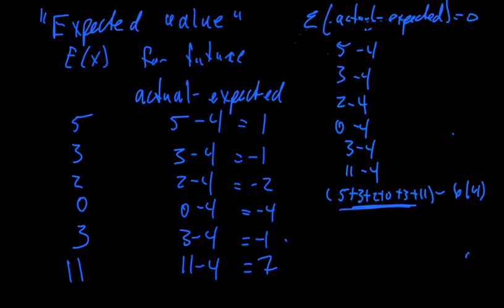Population mean was 4 equals 5 plus 3 plus 2 plus 0 plus 3 plus 11 over 6. So if we solve for just the numerator, we multiply both sides by 6, well, then we get 4 times 6 is equal to this. Well, that means that this is 0. So obviously it ends up being 0.